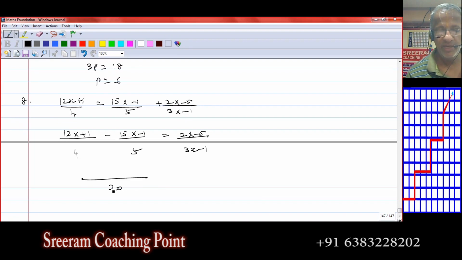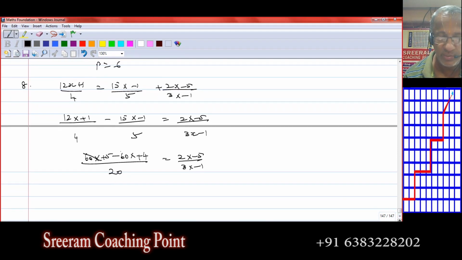So here we will take the LCM 20: 5(12x + 1) minus 4(15x - 1), that is 60x + 5 minus 60x, minus of minus plus 4, equal to (2x - 5)/(3x - 1). So 60x minus 60x will automatically get cancelled. 9/20 equal to (2x - 5)/(3x - 1).